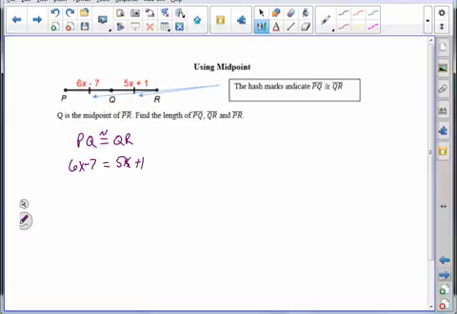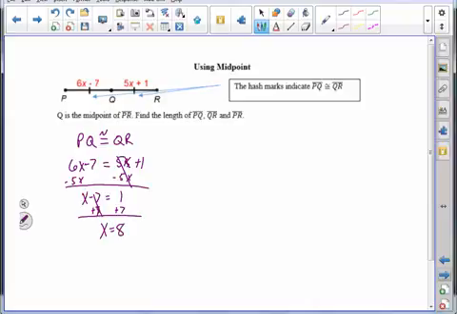Isolate your variable on one side of the equal sign. Most of the time I'm going to take the smaller variable and move it to the bigger variable. So here they cancel out, and now I'm left with 6 minus 5, which is 1x minus 7 to be equal to 1. And move the 7 over through addition, and here those cancel, and I get x is equal to 8.